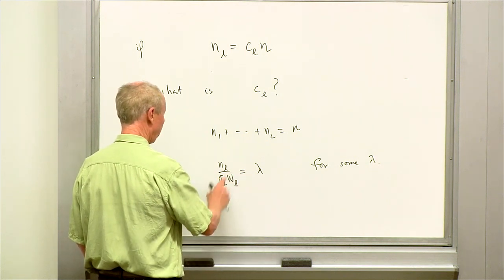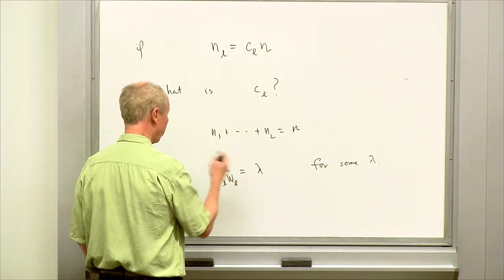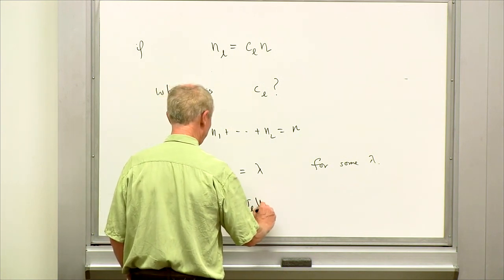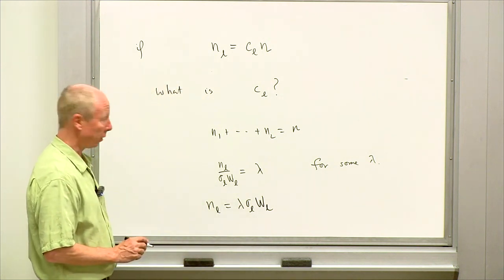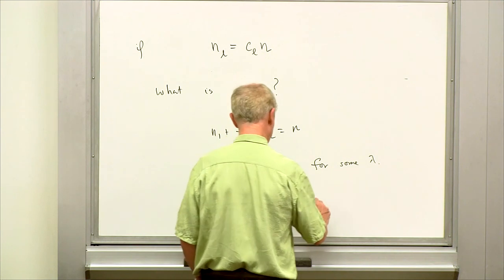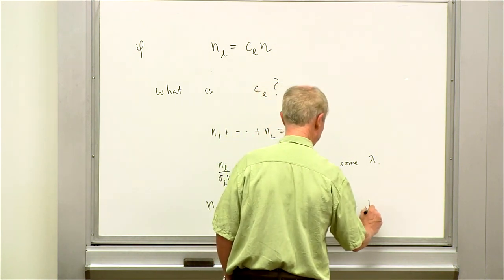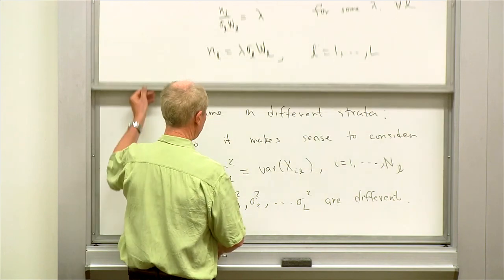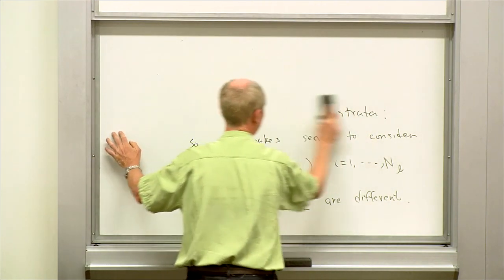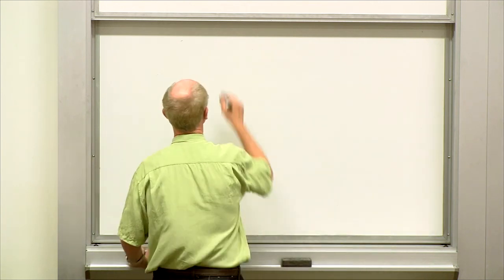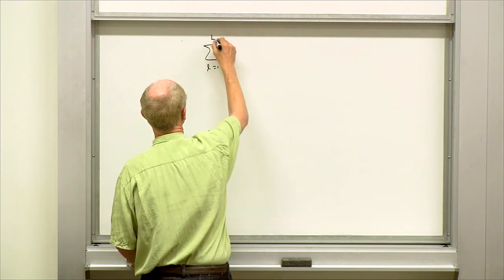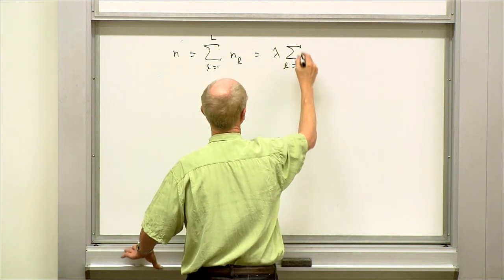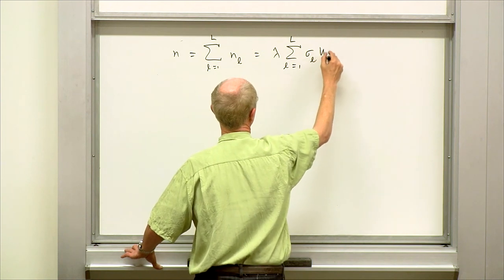we want this to be true at the minimizer. At the minimizer, this is equal to some number lambda for all L. So that means that NL is lambda times sigma L WL for all L. And if we sum them up then, this is little n, and this would be lambda times the sum, L equal 1 to capital L, sigma L WL.